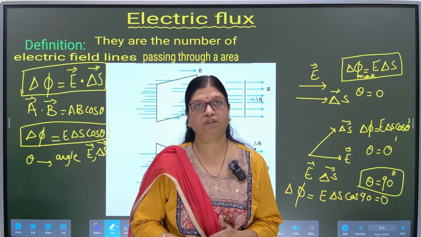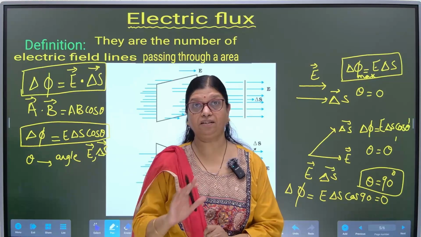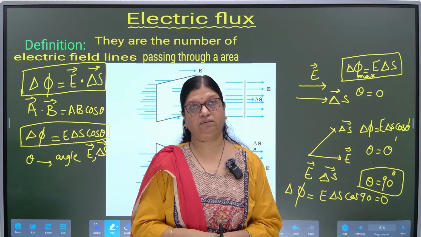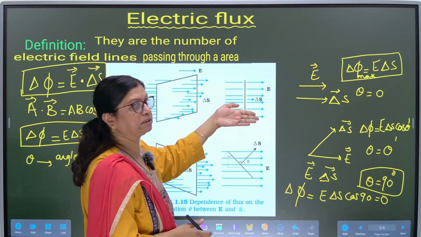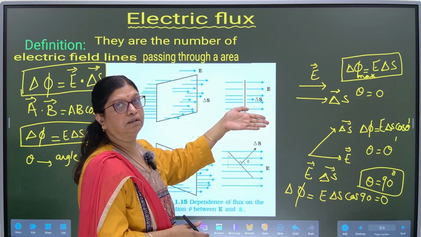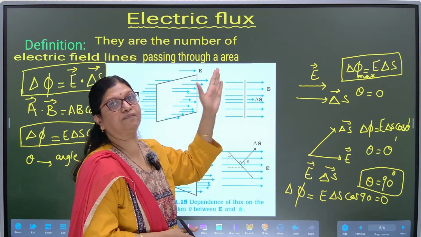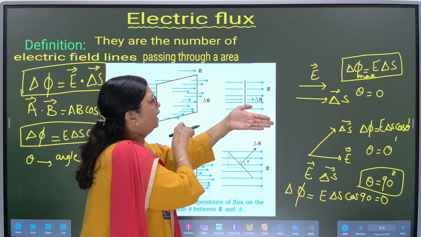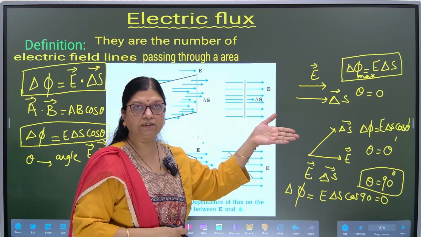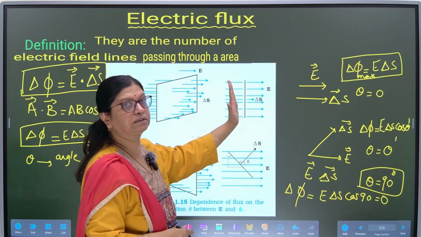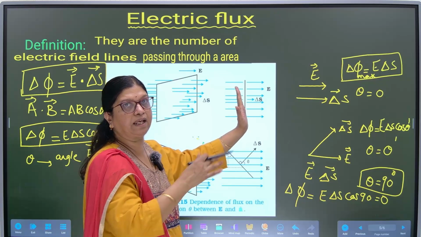What is the meaning? It can be asked the other way around also. When do I get a 0 flux? Only if I keep the surface which I am considering in the same plane as that of the electric field. Then I will not have any electric field lines passing through this surface, so flux is 0. If I keep it like this, the maximum number of lines are passing, just like flowing water.